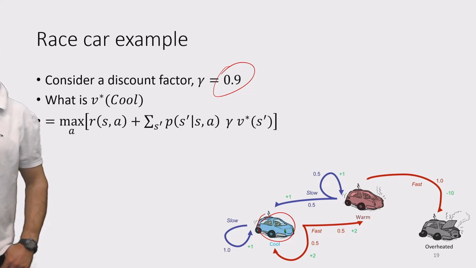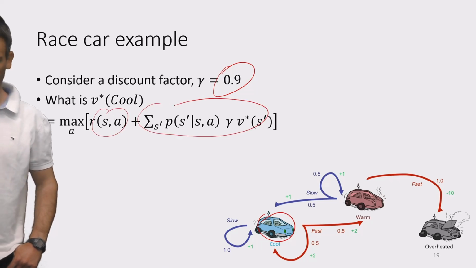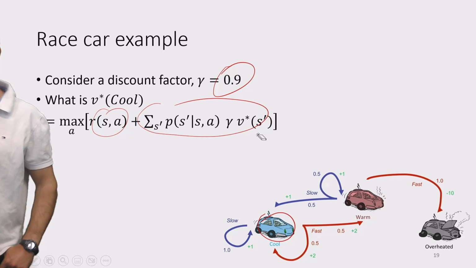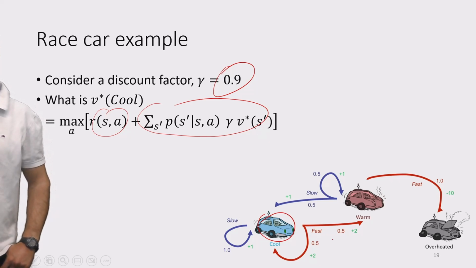So we know that V star cold follows the optimal action, the action that maximizes the immediate reward, plus the expected future reward, right? Which is just the probability of arriving at each one of the two states. The next state can be either warm or cold.